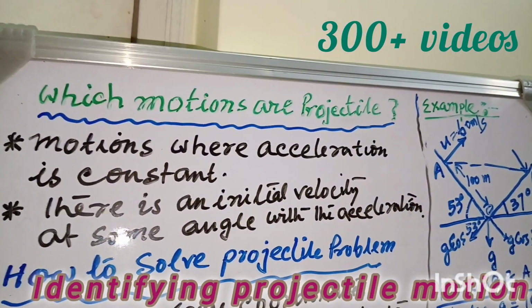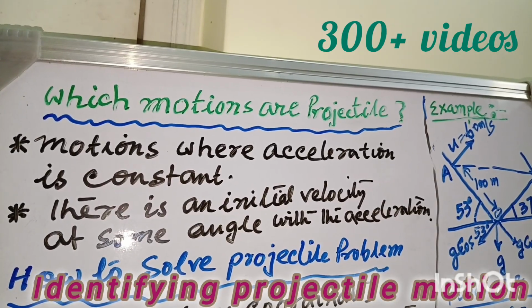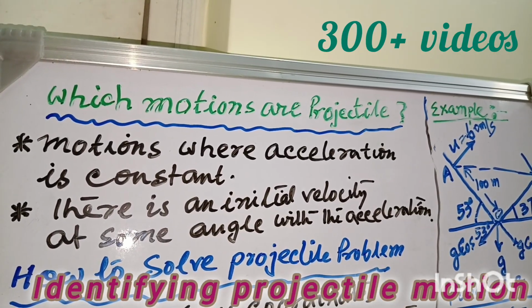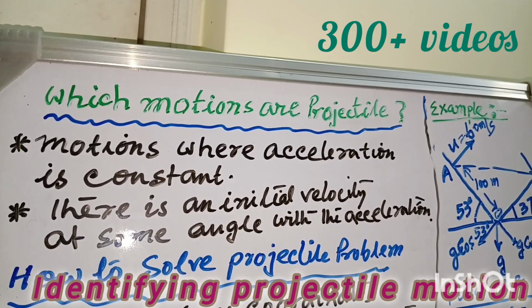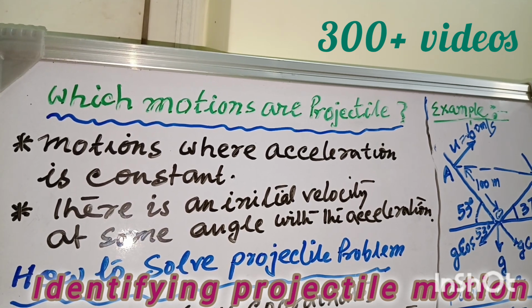Look at the blackboard. See which motions are projectile. First you have to understand that. In a projectile on a horizontal plane, you have seen it is projected with some velocity at some angle with the ground, and there is an acceleration, which is acceleration due to gravity, a constant acceleration with constant value and constant direction.